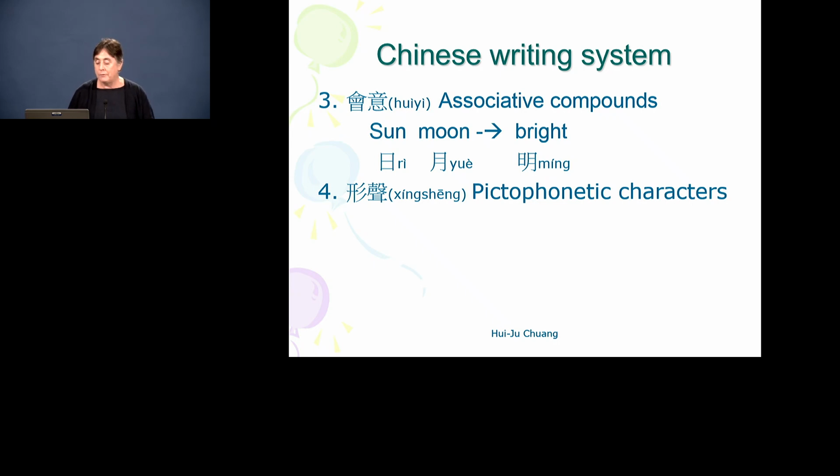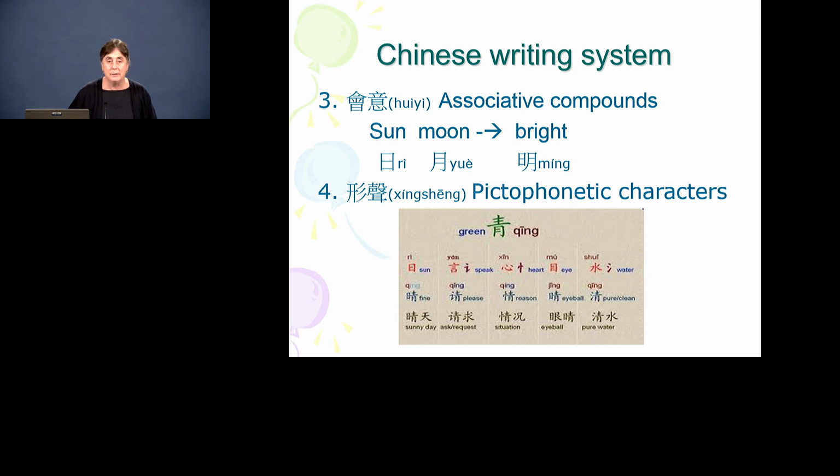You will have a piece that is a picture that represents the meaning, and you will have a phonetic piece that represents the sound. So this is by far the most common way in which Chinese characters were produced, by putting together a meaning part and a sound part, and that would make a full character.